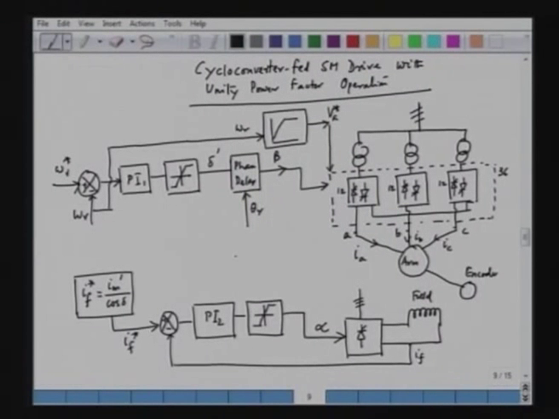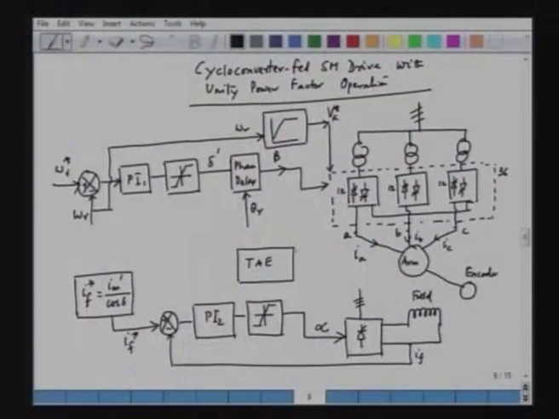Delta is the torque angle. So, we can obtain this delta by means of a block called torque angle estimator. So, this is basically an estimation block. So, what we do here is this: we take the feedback of the currents here. We take Ia here, we take Ib. We can have the current sensors. We can sense Ia. We can also sense Ib and use as a feedback to this torque angle estimation block.